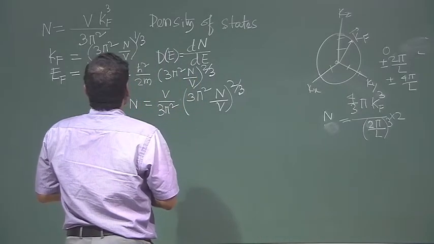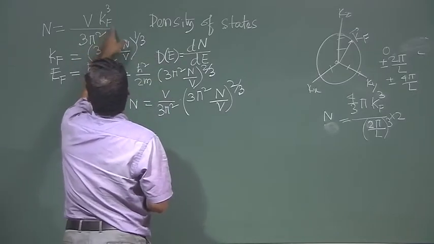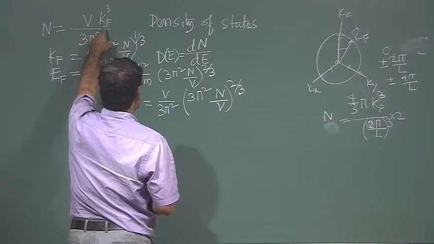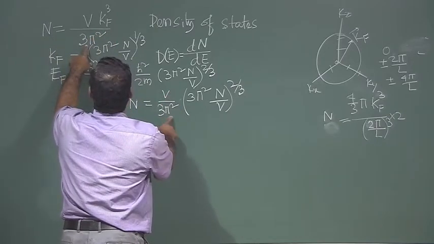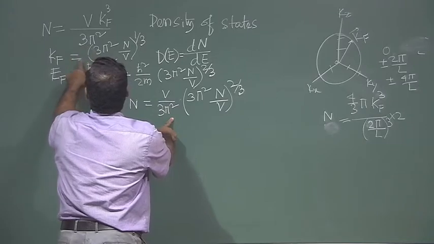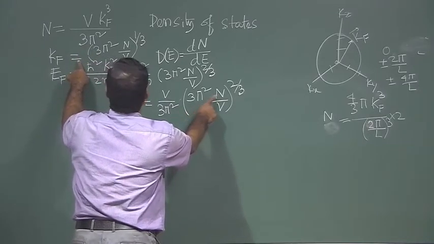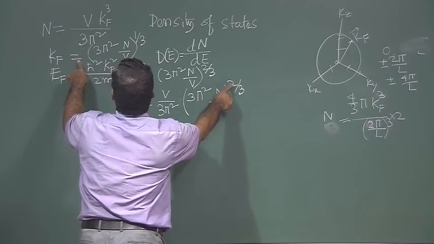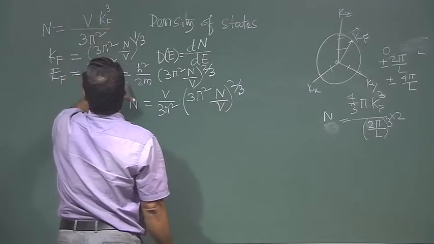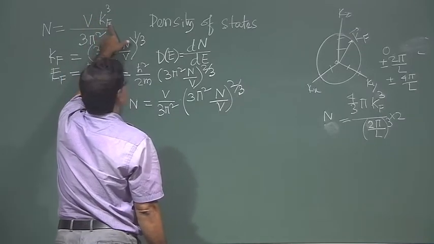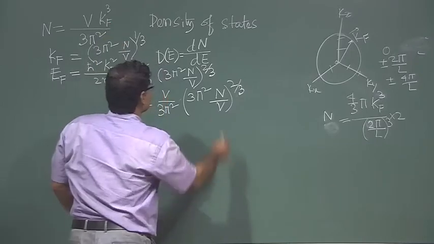Now, actually if I put kf, okay, so this n equal to v 3 pi square and kf is 3 pi square n by v 1/3. So, this is cube, right.